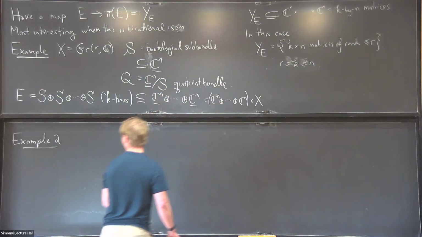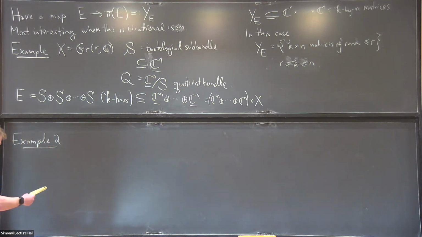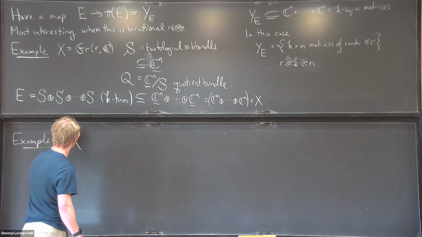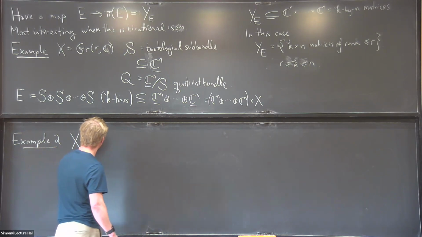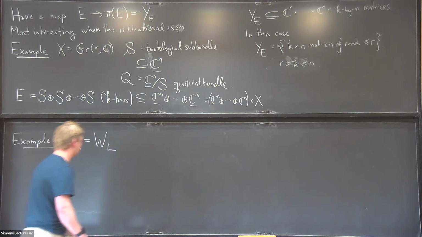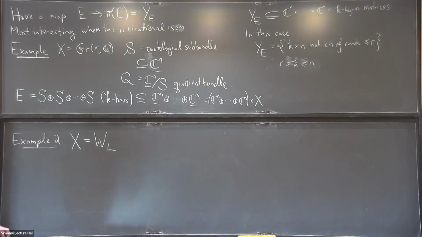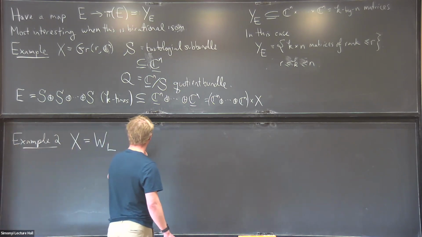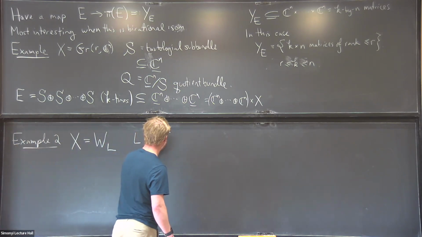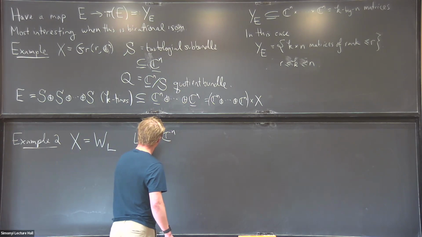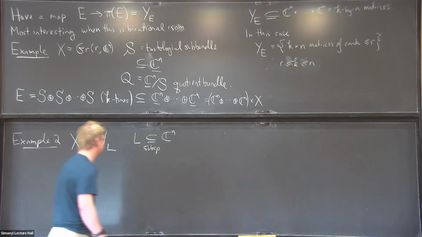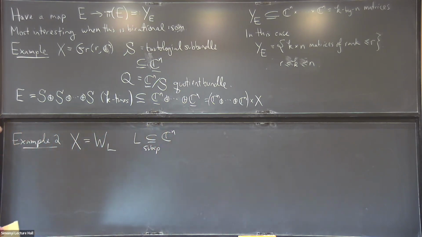Okay, so example 2. I'm going to take X to be the wonderful variety of a linear subspace. So L here is some subspace of Cn, and WL is its wonderful variety.